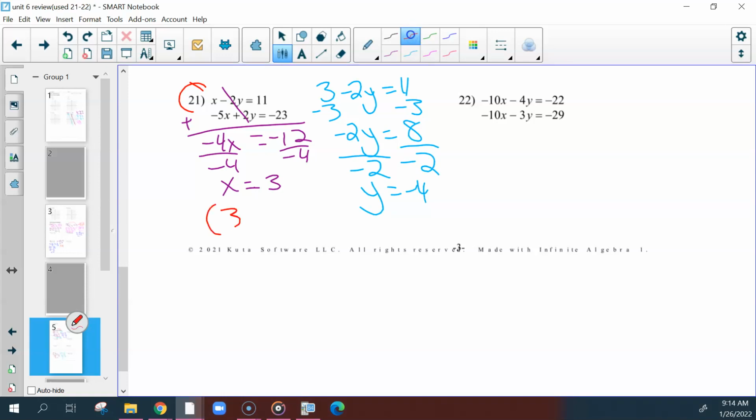So our ordered pair would be 3, negative 4. Do we have any questions on 21?